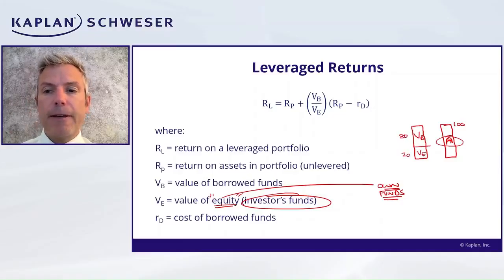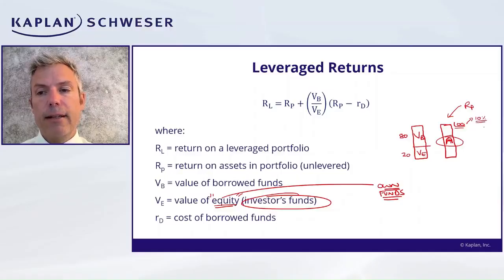Now, the fact that you've increased your exposure means that not only do you earn the return in your portfolio, so whatever these $100 earns, let's say they go up by 10%. All right, so they've gone up by 10 trivially on 100. Not only do you earn that, but you also earn the excess return that the portfolio earns over your cost of debt. Say the cost of debt is 3%.